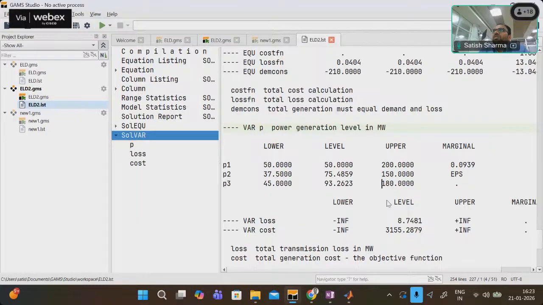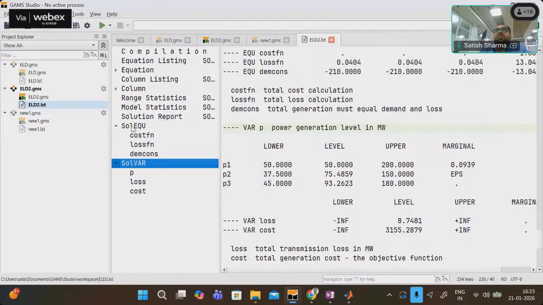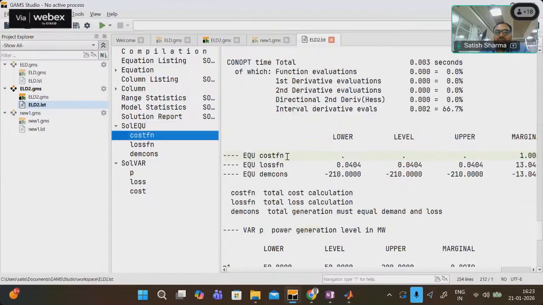Now, what is the equivalent of lambda? To see the value of lambda, we have to look at the solve equation, this part which I have opened right now. There are three equations basically. Let me click the first equation. We have a cost function equation, then a loss function equation, and then a demand or power balance equation.